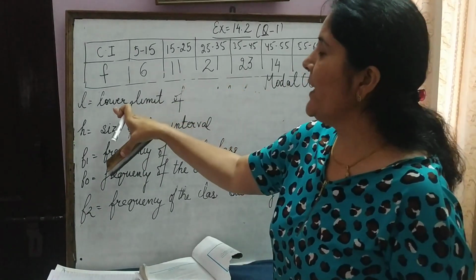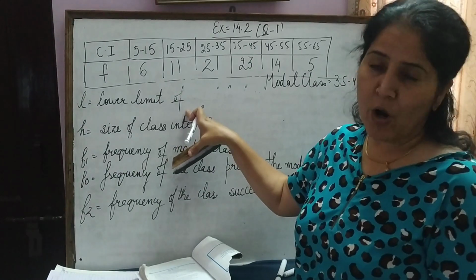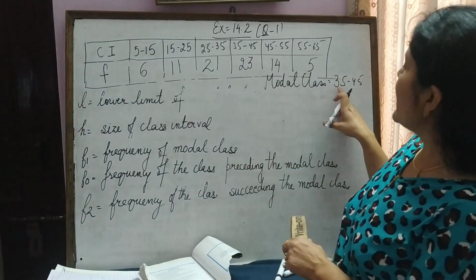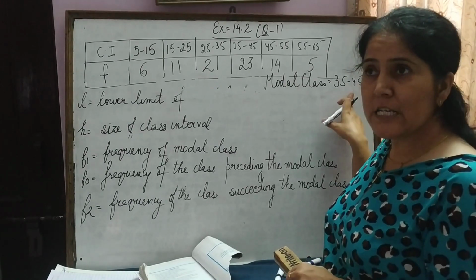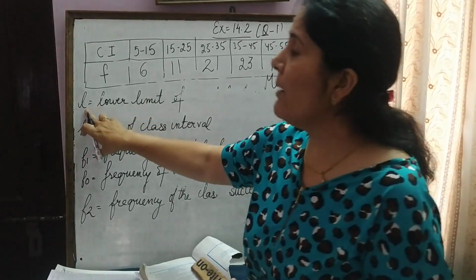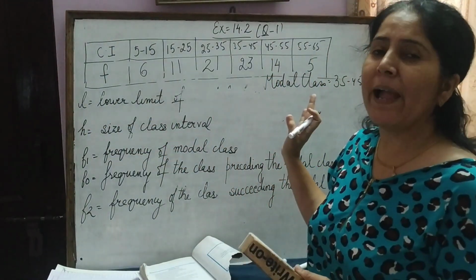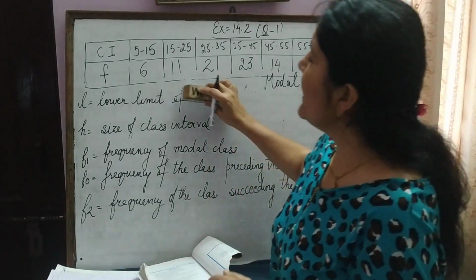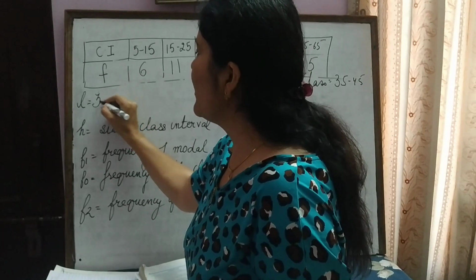Now first I have to find out L. L is the lower limit of modal class. Modal class is 35 to 45 and the lower limit is 35. So what will be my L? Yes, it will be 35. So L is equal to 35.